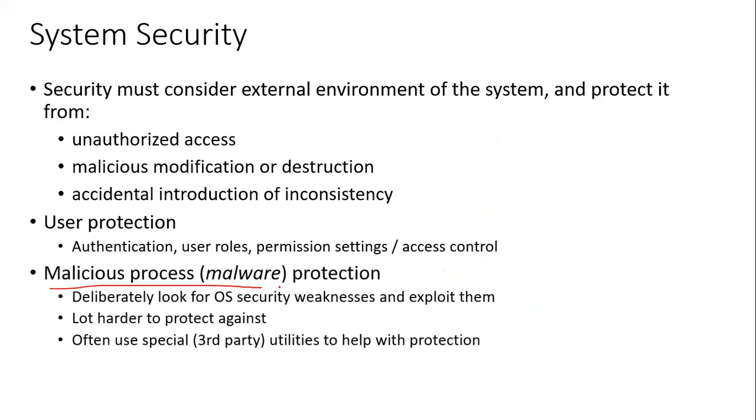Malicious processes, malware protection. Attackers look for operating system security weaknesses and exploit them. This is a lot harder to protect against, and often special third-party utilities are used to help with protection.